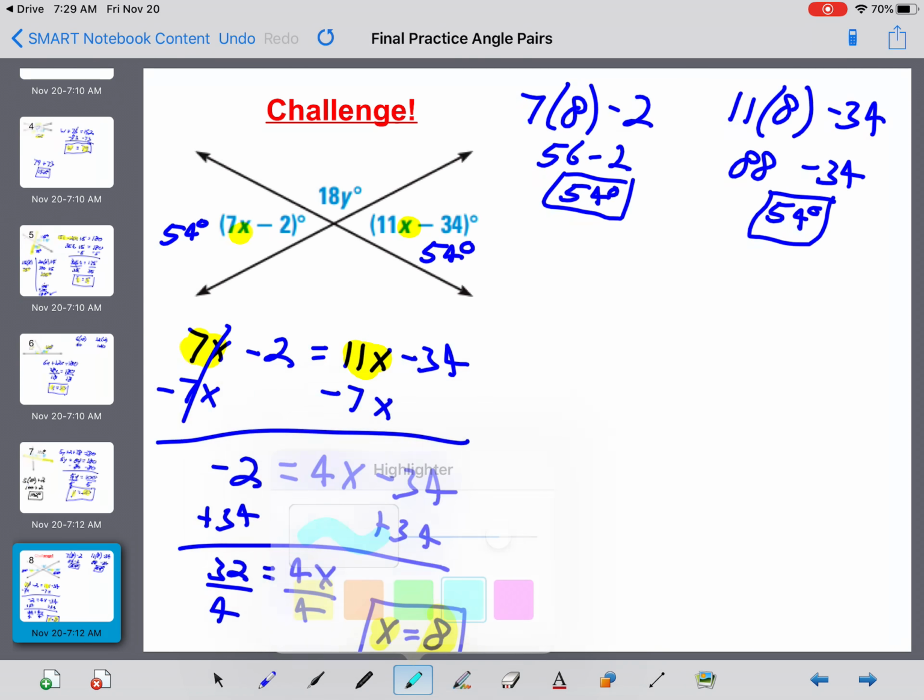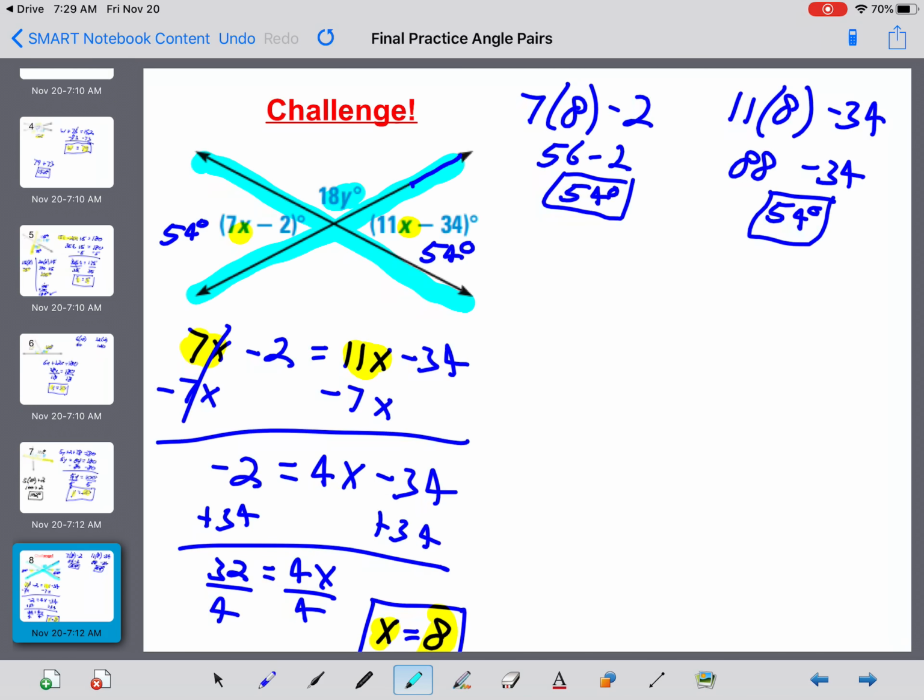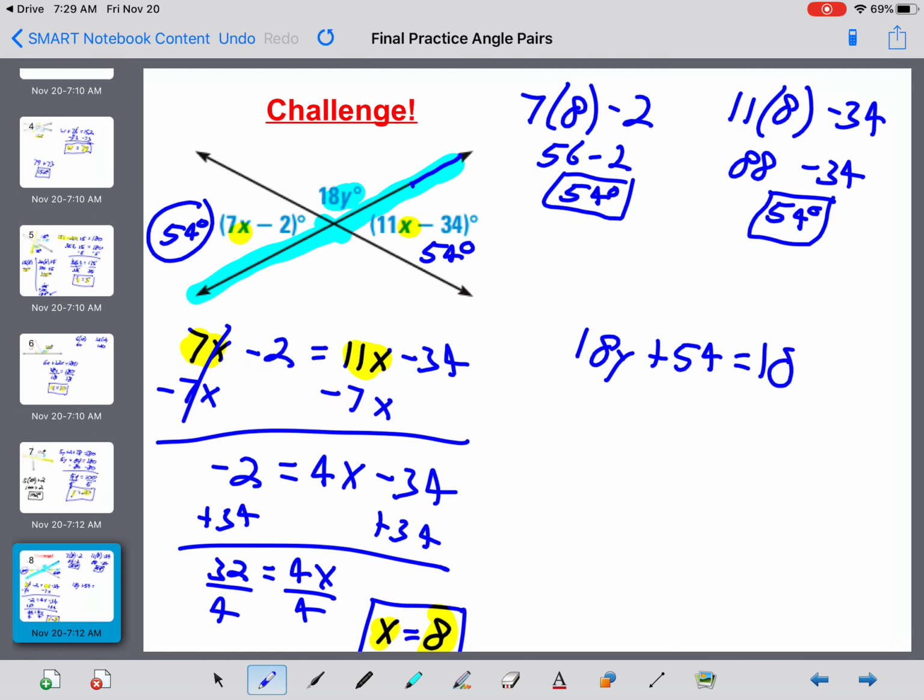Okay. Now, all you have to solve for is y. If you notice, these angles make a linear pair, or you could use the other side. Doesn't necessarily matter. So we have 18y plus 54 degrees equals 180, because linear pairs make 180.